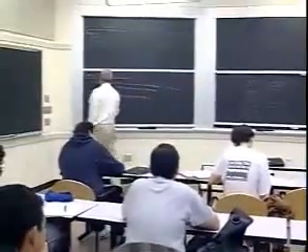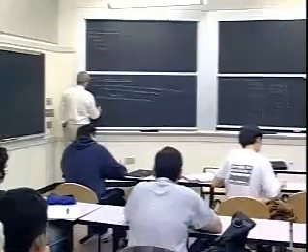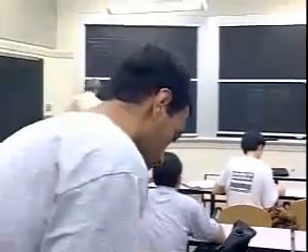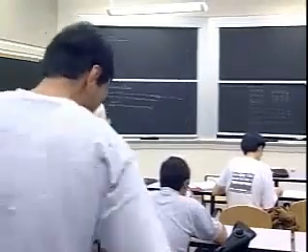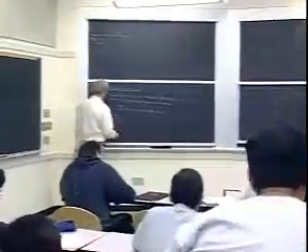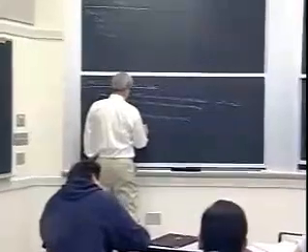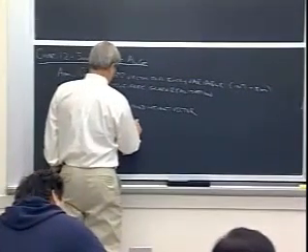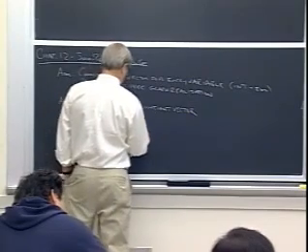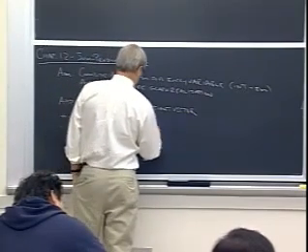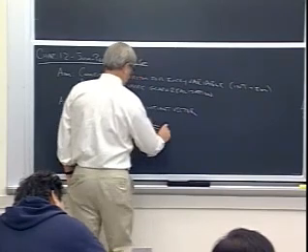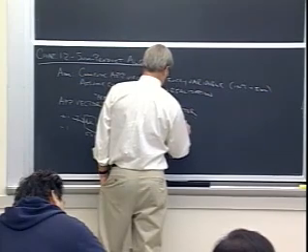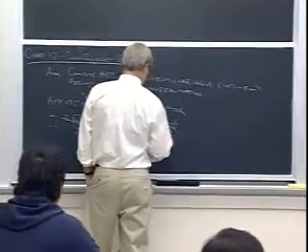For instance, if we send +1 or -1 through an additive white Gaussian noise channel with sigma squared equal to 1 or whatever, then the probability of, we call this y and this r, the probability of r given y is 1 over square root of 2 pi sigma squared e to the minus (y minus r) squared over 2 sigma squared.